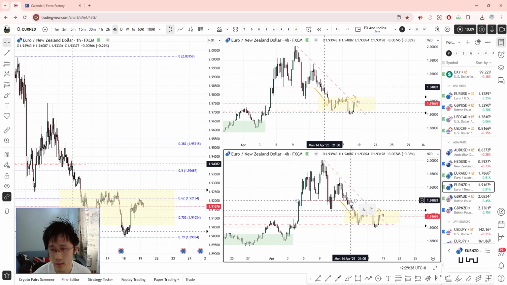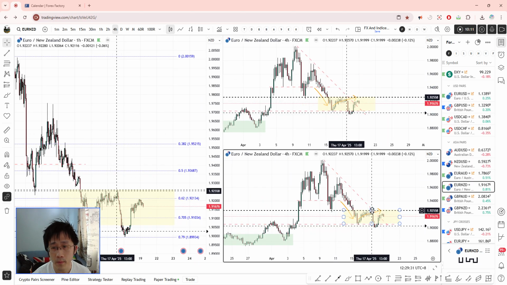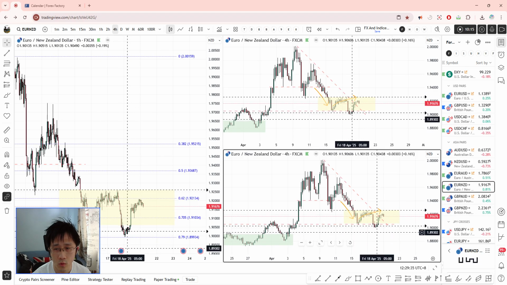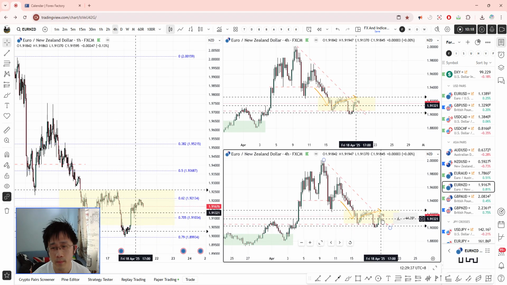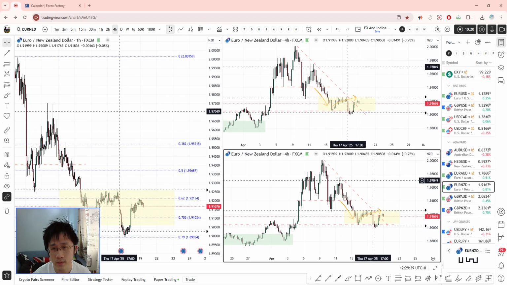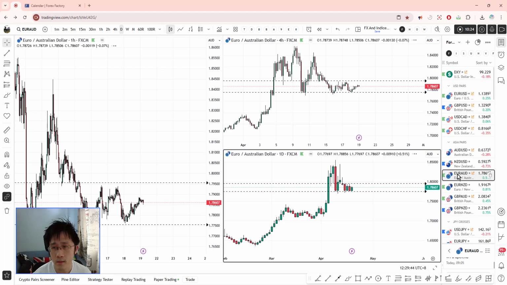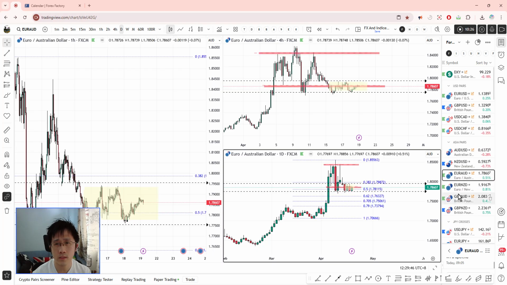Okay, so since it has formed, and last week it actually broke down lower, probably my bias will be more to the downside for the euro New Zealand. But they are quite interlinked, like Aussie and New Zealand.